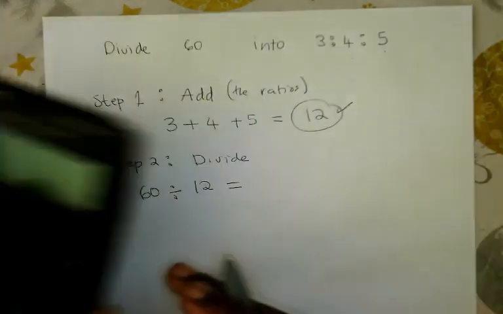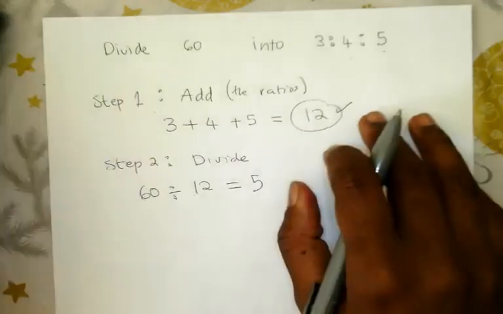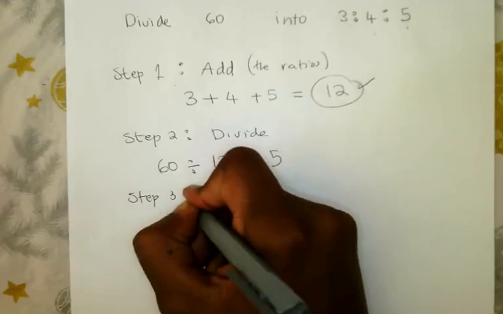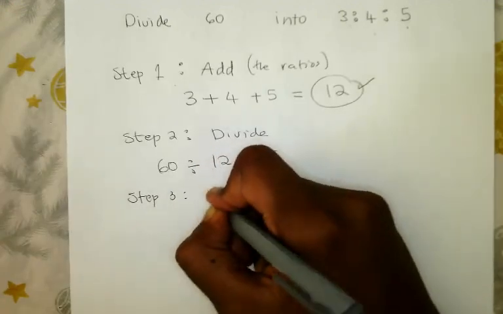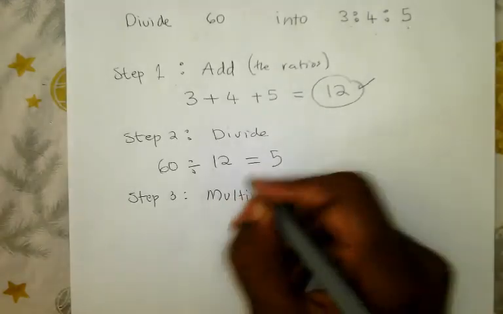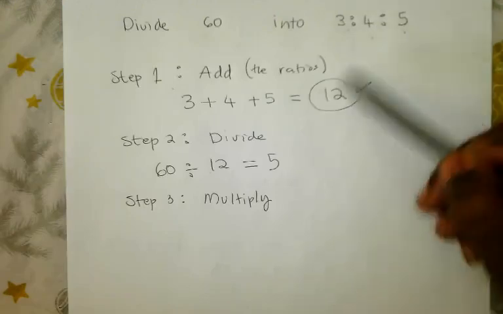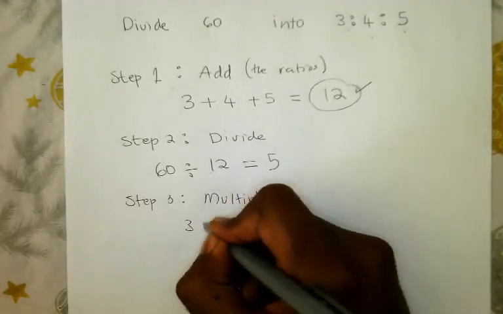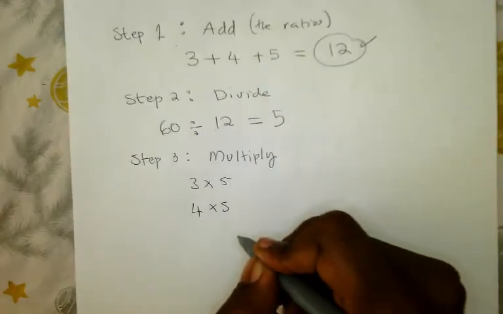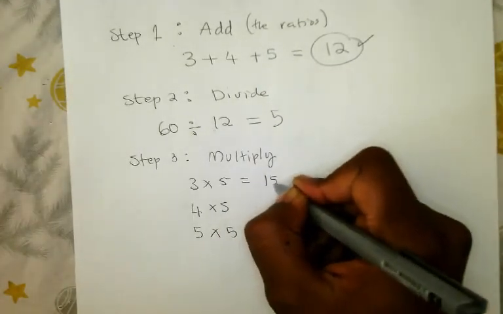You get a 5. And then once you have this, step 3 is to multiply. So you're going to multiply each number there by 5. So 3 multiplied by 5, 4 multiplied by 5, and 5 multiplied by 5. This is 15. This is 20.